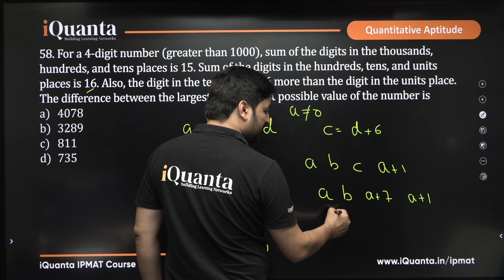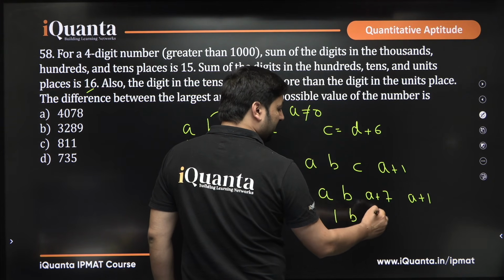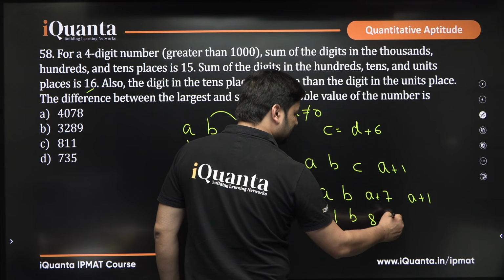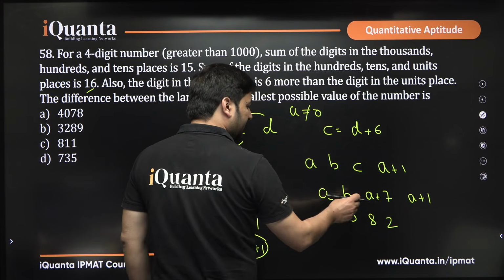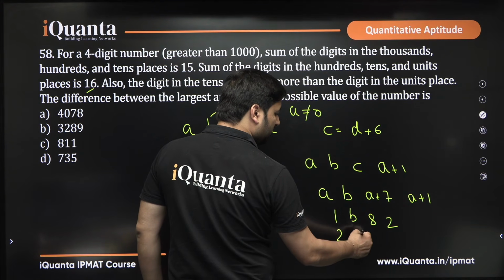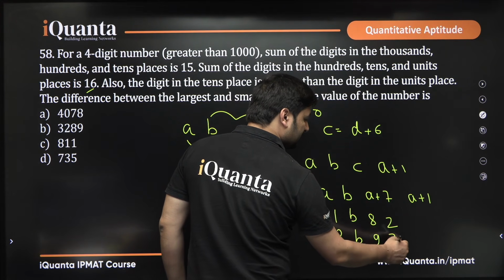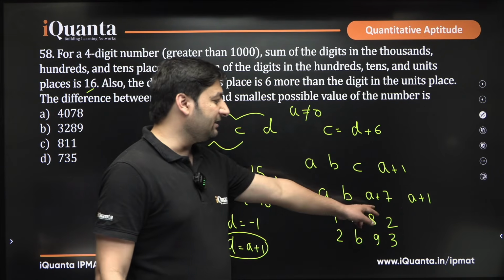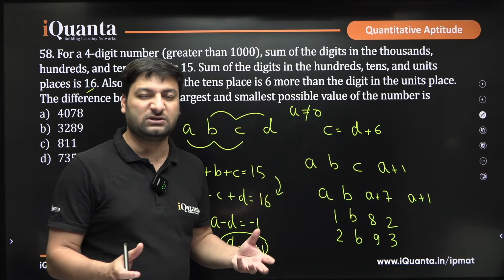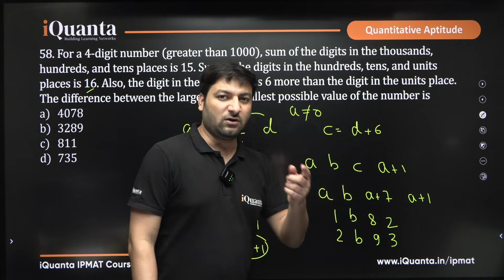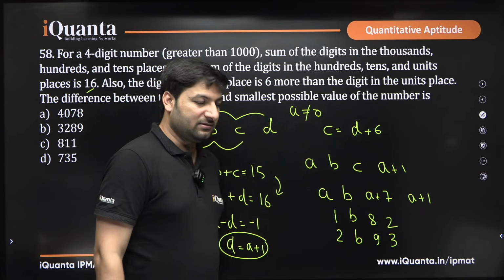In that case, the number would be 1, B we do not know, 1 plus 7 is 8 and 1 plus 1 is 2. Can A take value 2? Yes, if A is 2, then 2 plus 7 is 9 and 2 plus 1 is 3. Can A take 3? No, because if A takes 3, the third digit becomes 3 plus 7, 10, which is not possible. These have to be single digits. You cannot have 10 as a digit.